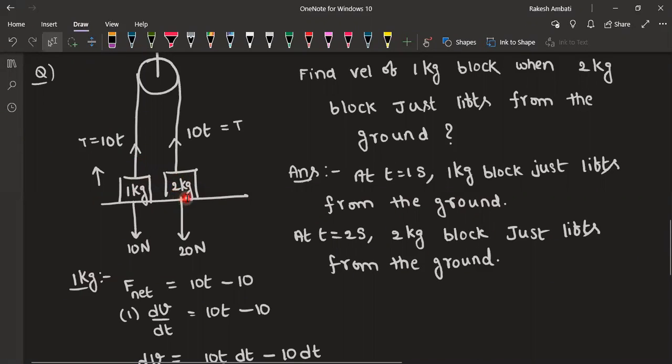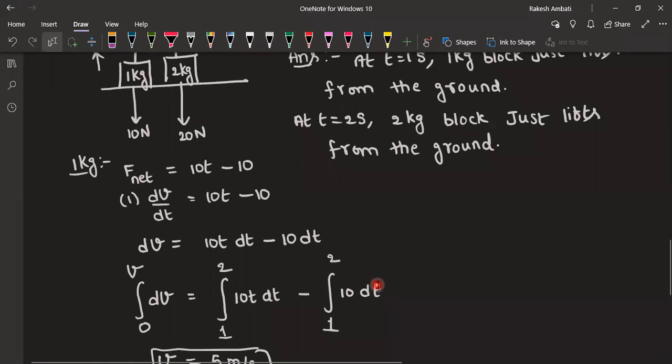At t equal to 2 seconds, the 2 kg block is ready to lift off from the ground. Someone's mic is still on. So minimum means 10 newtons we can say: a 10 newton force is ready to lift, and at 20 newtons it is ready to lift. So that is the meaning of this statement and this statement.